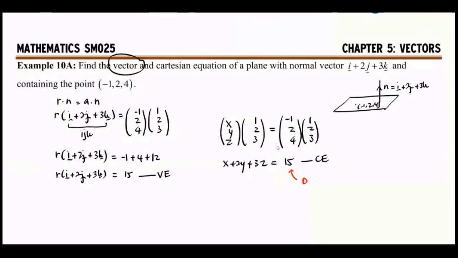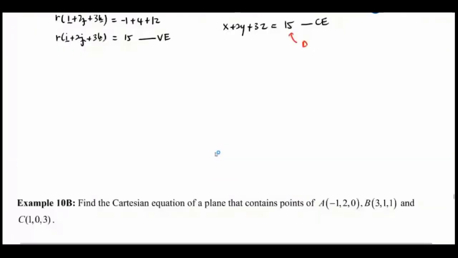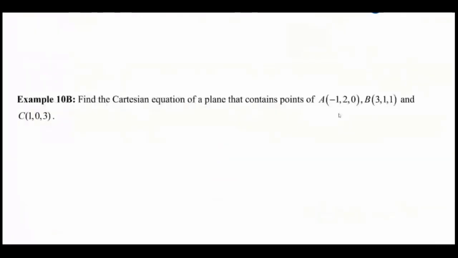It has given the normal and also A. So for 10B, you have to find your own N. You must find the normal vector yourself. Okay, so given 3 points, we have them on the plane.